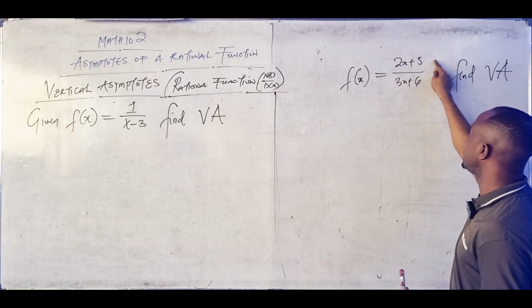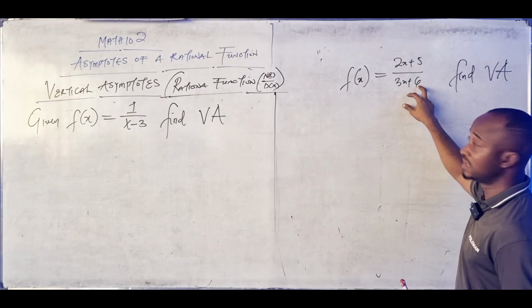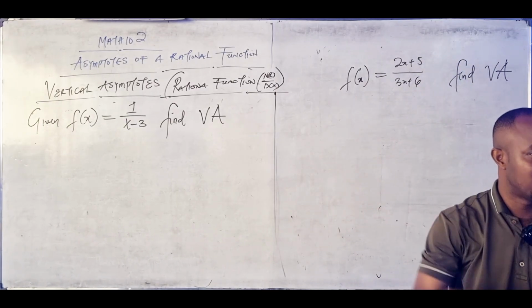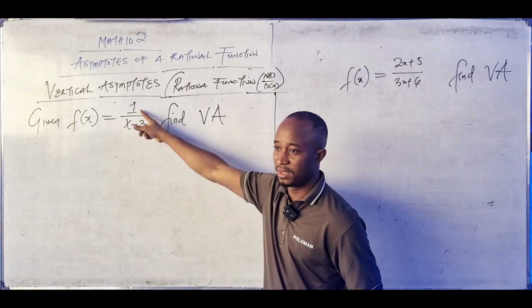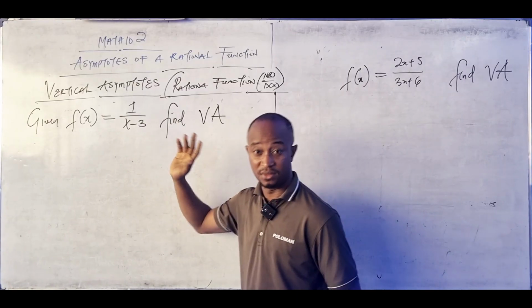What do we do? We set this equal to 0, find x. Set this equal to 0, also find x. If the two are not equal, it means there's a vertical asymptote. But here, do we have any polynomial in the numerator? So we just set only the denominator equal to 0. Do you get the concept?